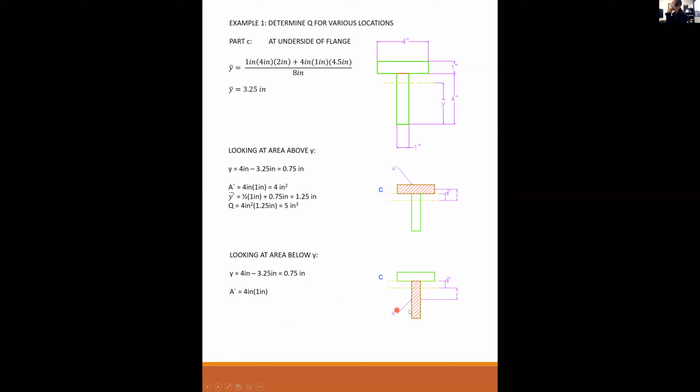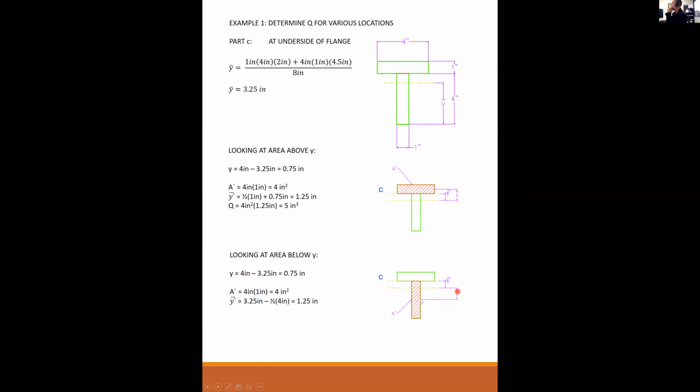A prime is the area of this whole plate, which is 4 by 1 or 4 inches squared. And Y bar prime is going to be 3¼ inches is this distance minus half the distance of the board, which would be half of 4 inches. So I get 1¼ inches.